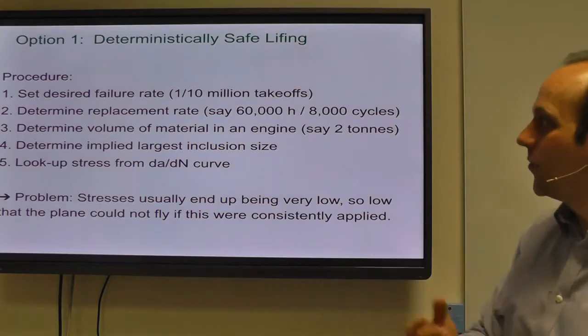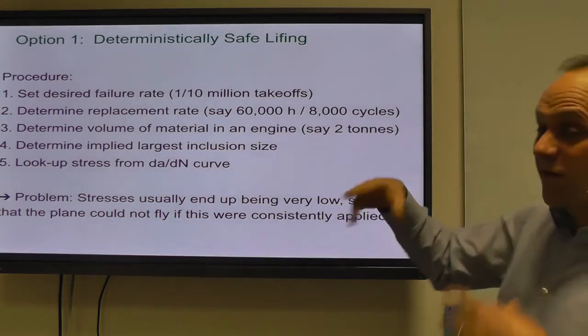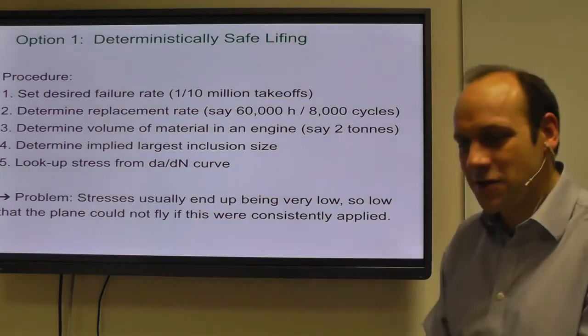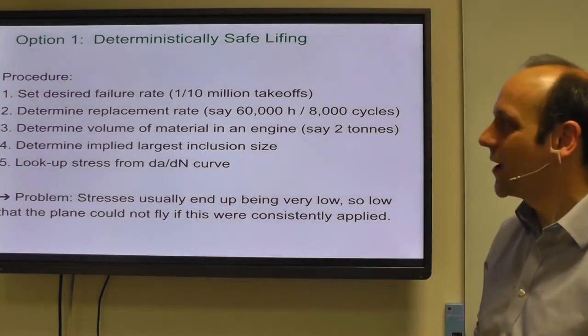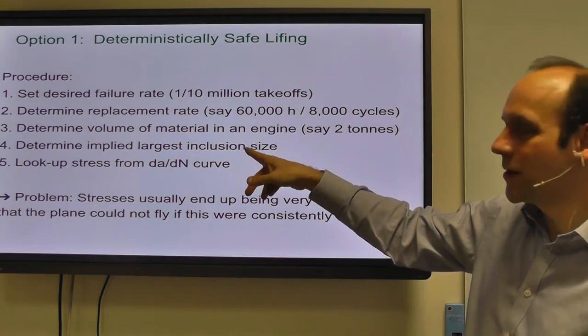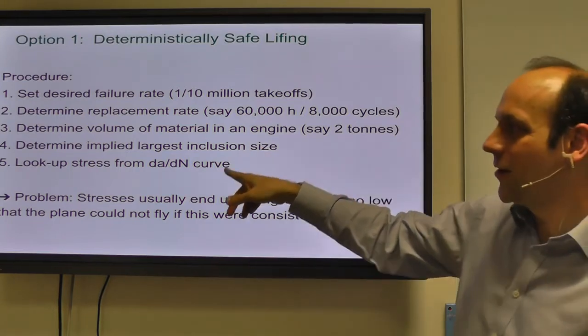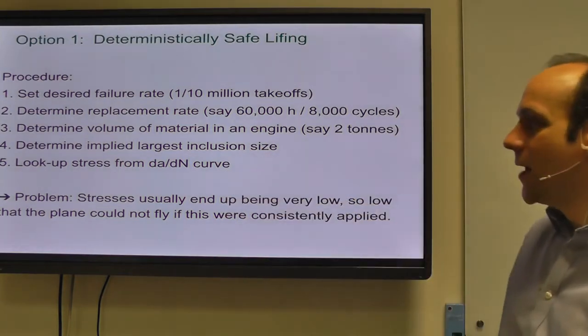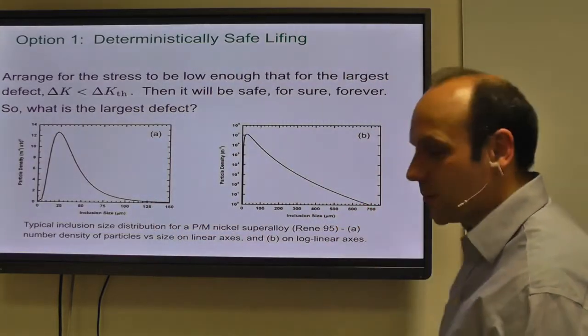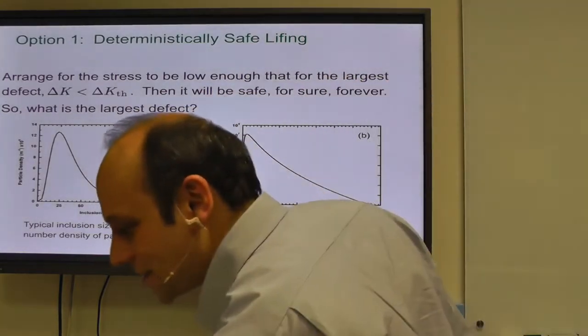That gives me a volume: if I know how much material is in the engine, say 2 tons, I can then determine how much material I need and what probability that gets me to. And then I can look up on my probability distribution what the implied largest inclusion is, and then look up the stress on the dA/dN curve. And the problem is, if I go through that exercise, I'll end up looking at an inclusion that's on the order of 0.5 millimeter.